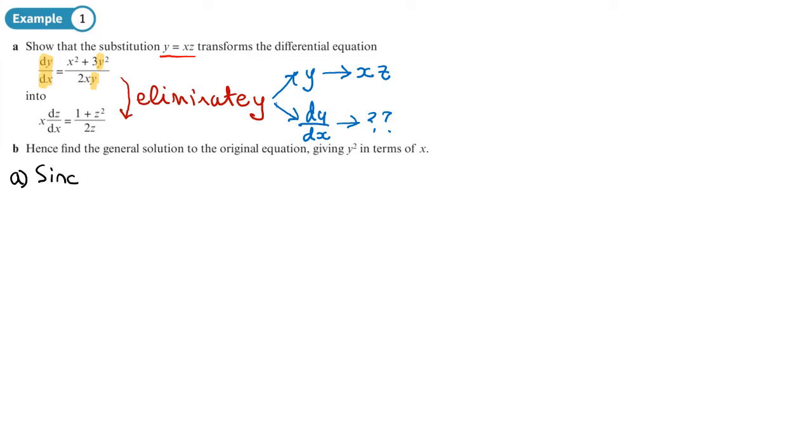Okay, so since y equals xz, then dy/dx will equal, so we will use the product rule to differentiate this. This part is like u, this part is like the v part, so we always have uv'. We'll do that first, so that'll be x, and then the v', if you differentiate this z with respect to x, it becomes dz/dx.